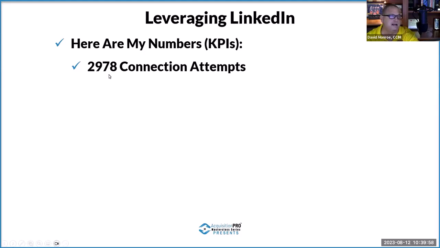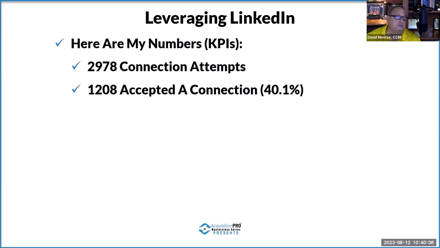Linked Helper sent out 2,978 connection attempts. I didn't. Linked Helper did. 1,208 accepted that connection. So this isn't like multifamily. There's a lot of people that know my name in multifamily. There's people that talk about me good and bad.